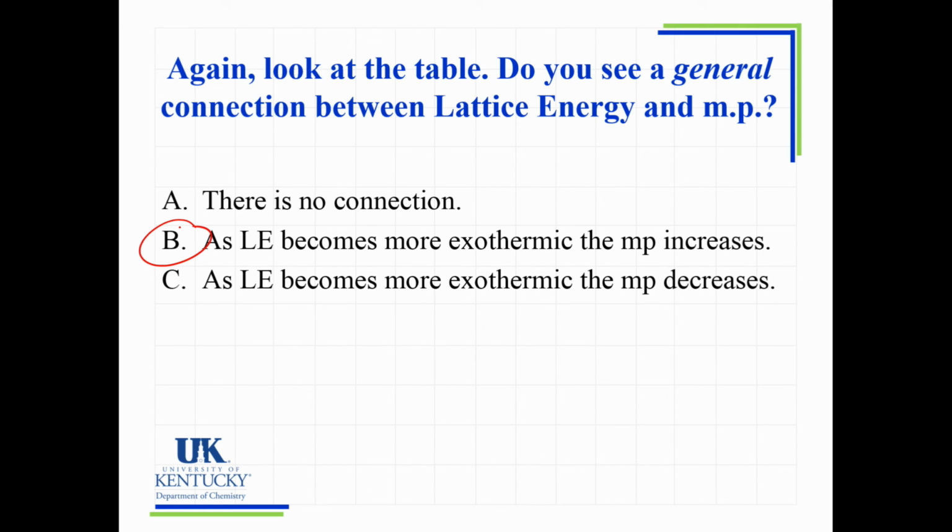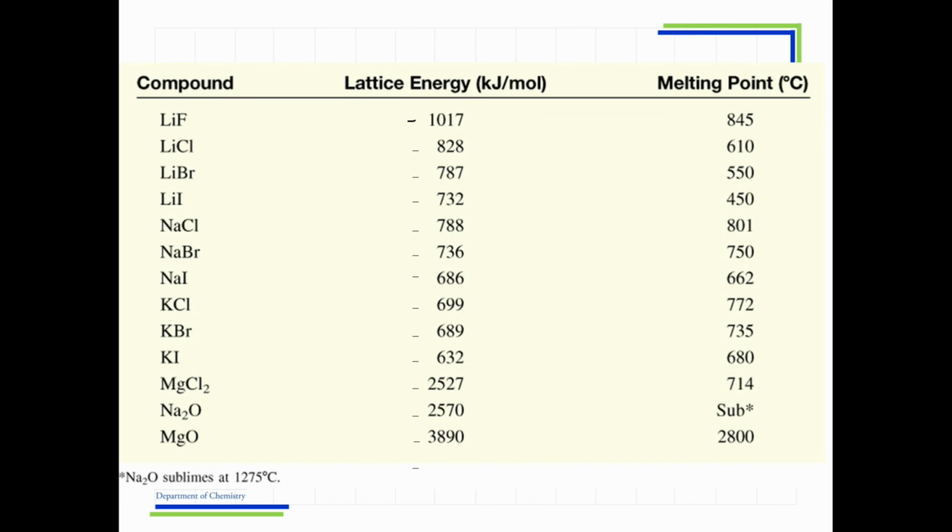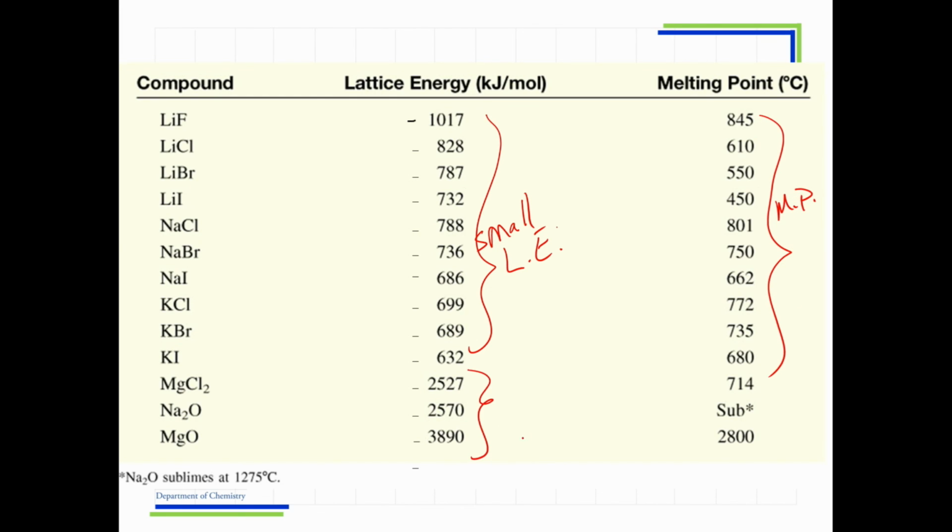All right, so what you should have seen is B. Why? Well, let's look at the table. Here are the guys with a general small lattice energy, and look at the size of their melting points. Then we've got these guys that have a larger lattice energy, and look at their melting points. Now what does this mean? This means that it doesn't melt, it just keeps on getting hotter and hotter until it sublimes, turns directly into a gas.